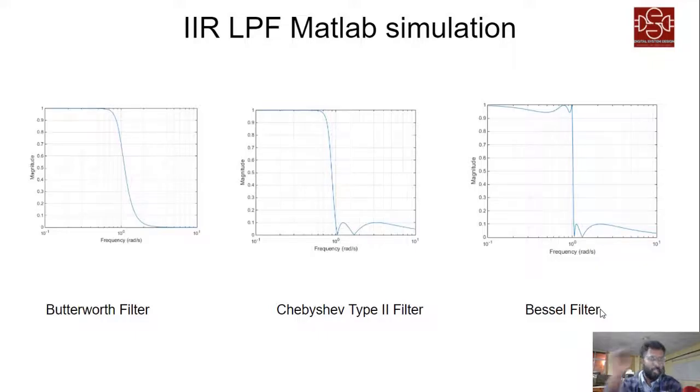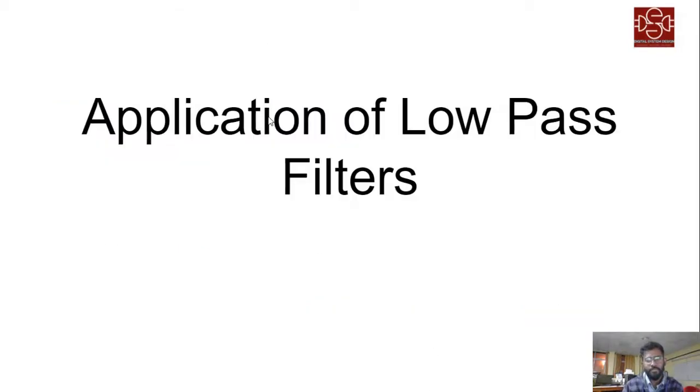These are all done using Matlab, and the code is available; you can use it and run your code. Depending on the application, you will use the exact filter, meaning which type of design method you want to apply for the IIR LPF.